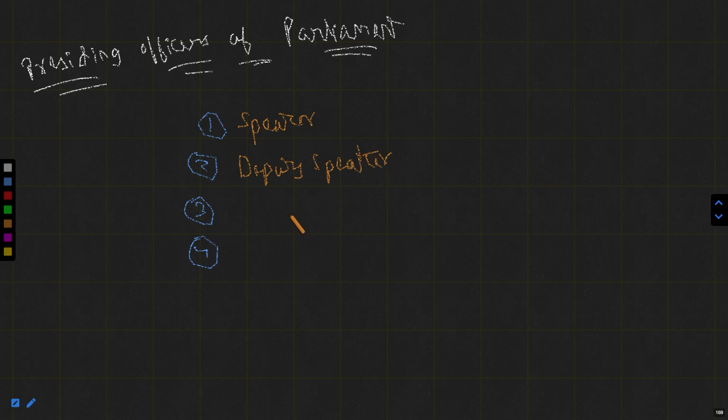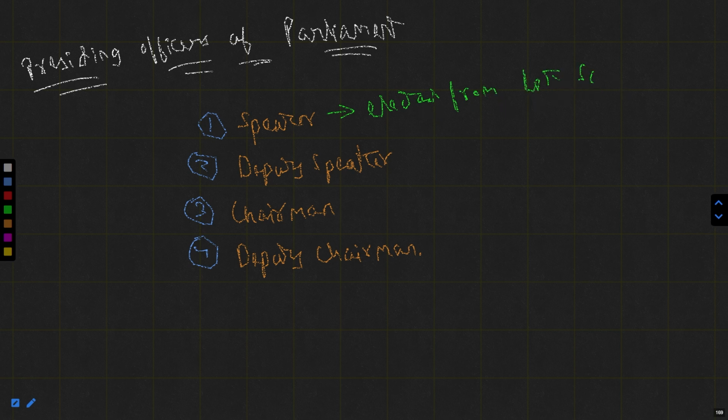Deputy speaker. Chairman. Deputy chairman. Okay. So there are 4 presiding officers of parliament as we know. If we take them one by one, the speaker is elected from Lok Sabha.